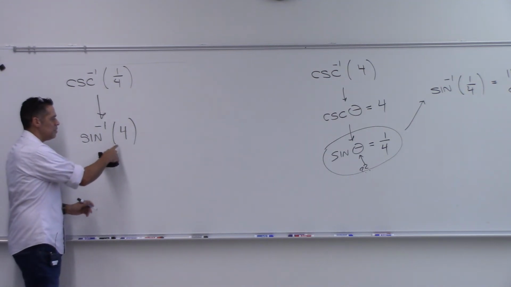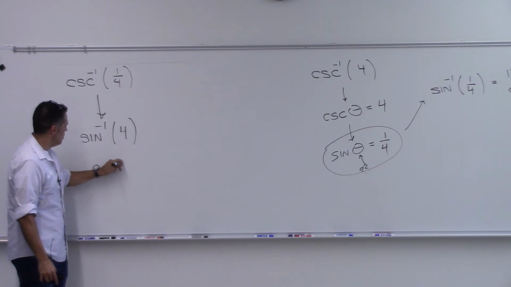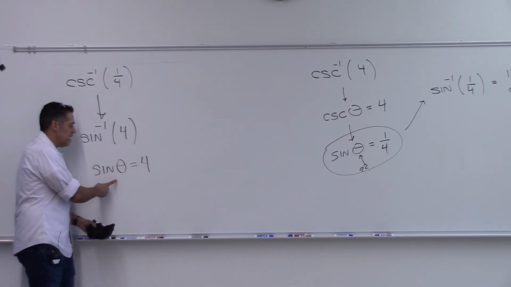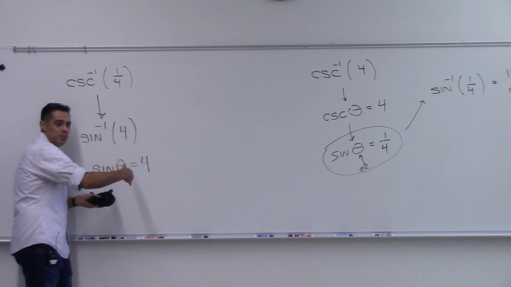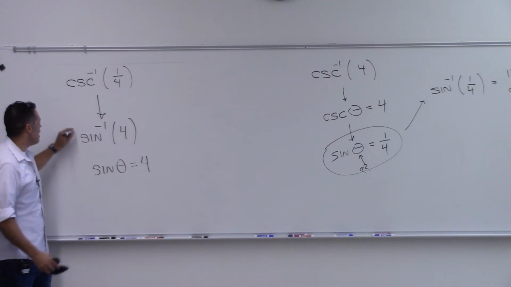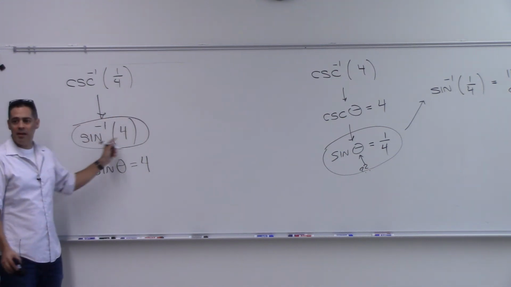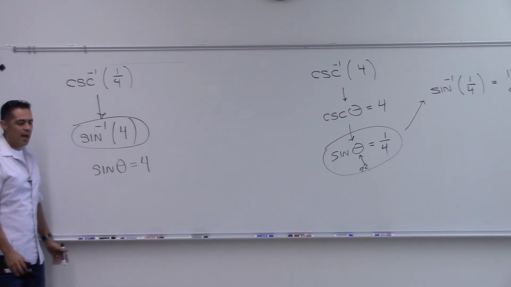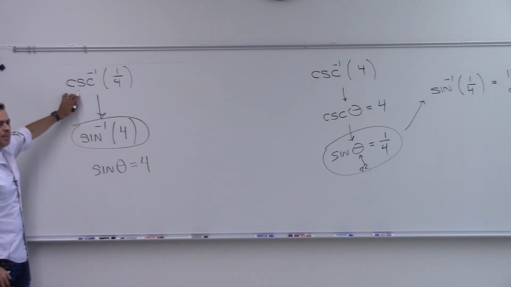This is really saying sine of what angle is 4. And sorry, sine can't go past 1. It has to be between -1 and 1, right? So this is not going to work. You would know that if you type this into your calculator as well. You'd get an error, domain error, something like that. So this would be undefined.